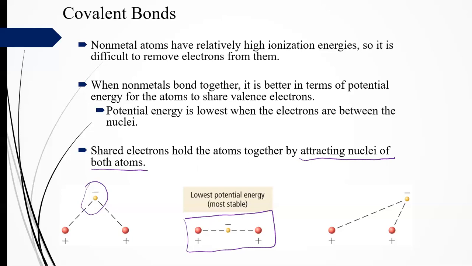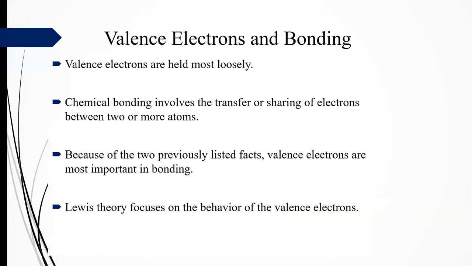Now, Lewis theory focuses primarily on the valence electrons and their bonding, and we normally use Lewis theory for our covalent molecules. Valence electrons are held most loosely, and that's why Lewis focused on them inside of chemical reactions and chemical bonding.